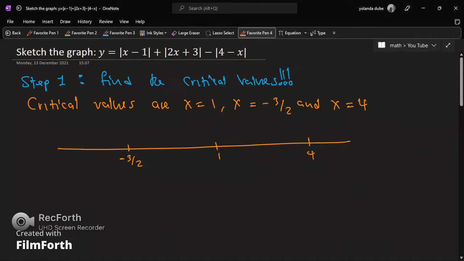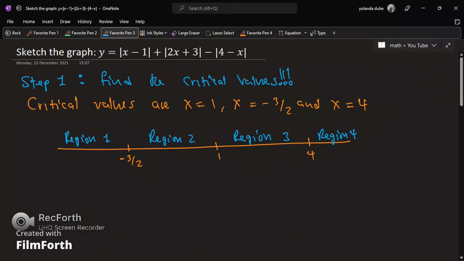We see that these critical values supply us with 4 different regions that we can talk about. We have this one, which I can refer to as region 1, this one as region 2, this one as region 3, and this one as region 4.